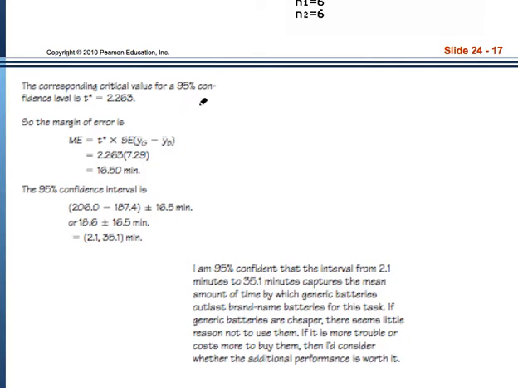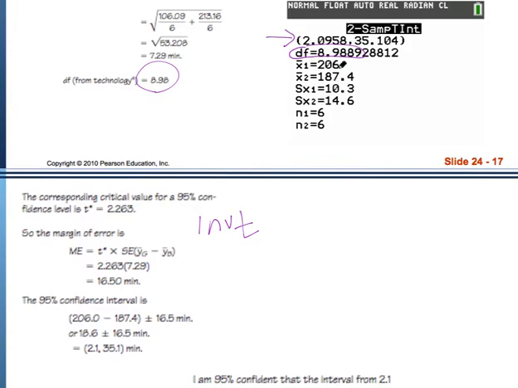Okay, so this can be inverse t. And the 95% confidence interval. All right, so here's the margin of error. So we just figured out what the standard error is. Okay, and here's the t interval. And then this is what my final answer is, which matches with what the calculator calculated.